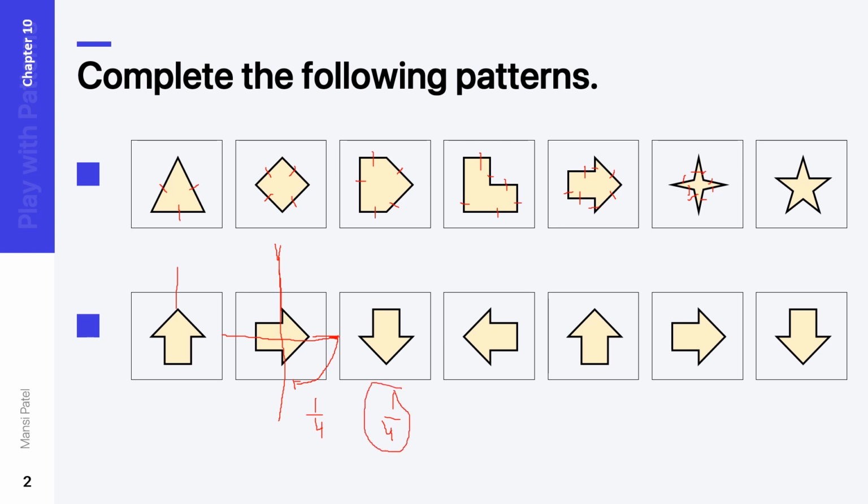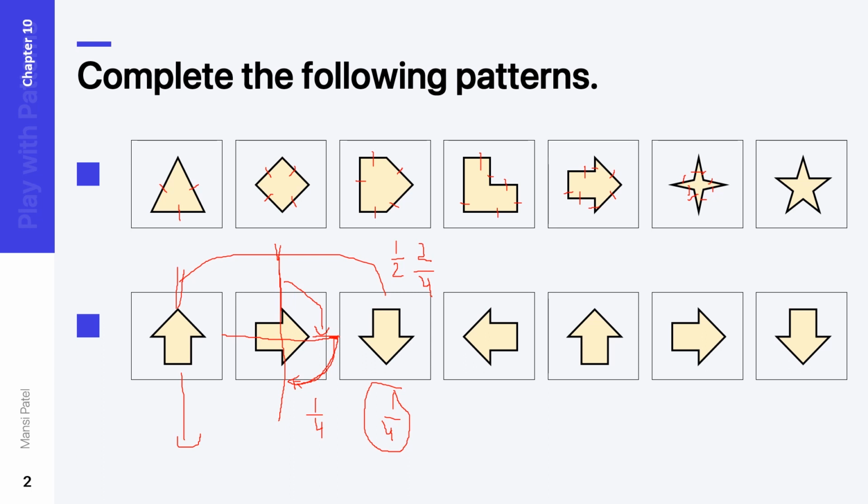But what about when it shows upwards and then it shows downwards? At that time we can say that it covers 1/2 distance. Why? First it moves from upwards to right hand side and then from right hand side to downwards. So it covers 2/4 and the equivalent fraction of 2/4 is 1/2.